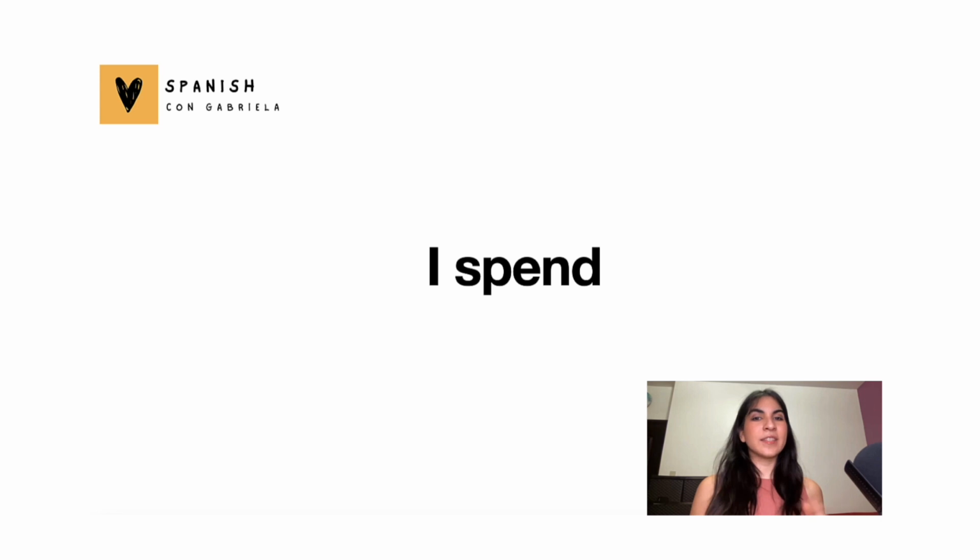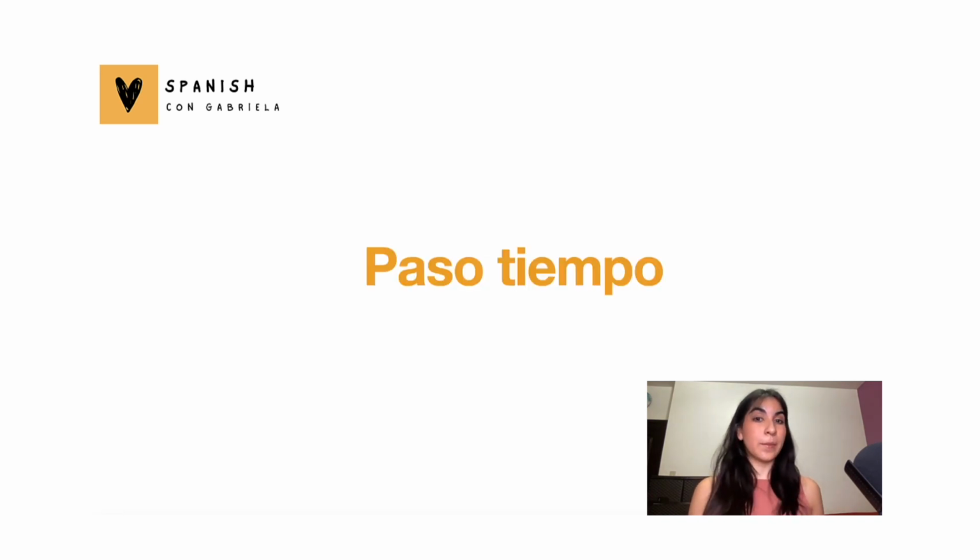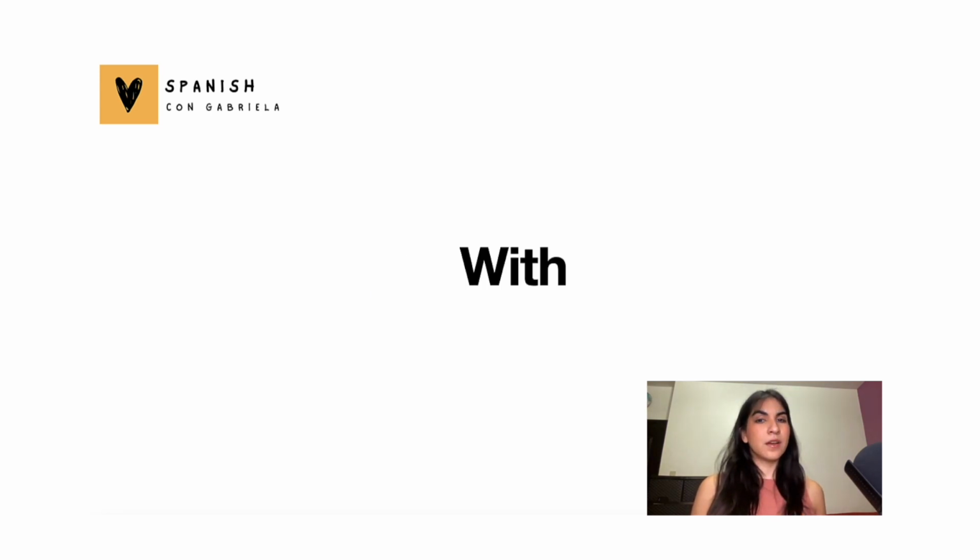I spend, it's in the present tense, right? The way you say this in Spanish is paso. Now, if we want to say I spend time, you would say paso tiempo, right? Now, how do you say with? Con.